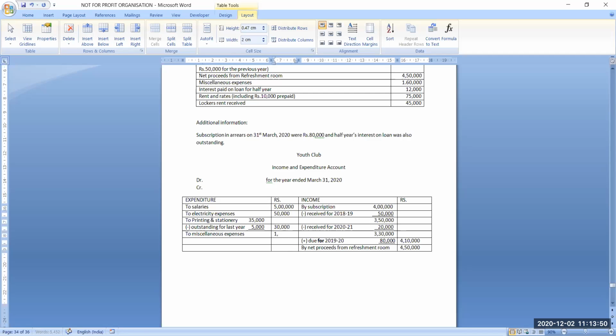1,60,000. Then interest paid on loan for half year. So to interest, because you are paying, it will become your expense. And for half year the amount given is 12,000. The rest of the half year amount will become outstanding. That is also written in the adjustments, and that's why we will double it.